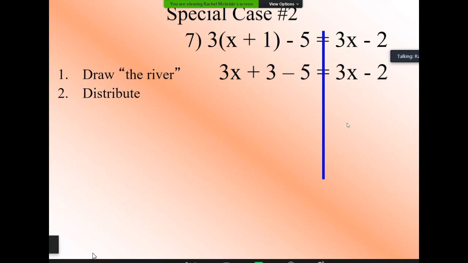Before I start to move those 3x's around, what's it called when I add 3 to negative 5? What's it called when you group things together on the same side? Combine like terms. We're going to combine like terms.